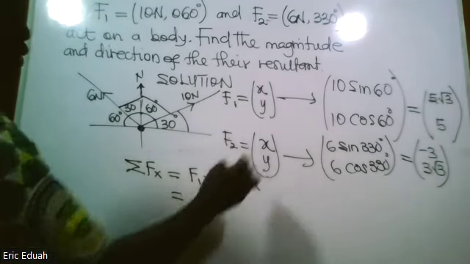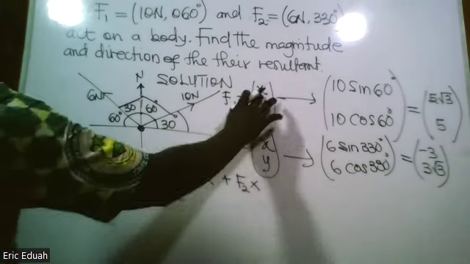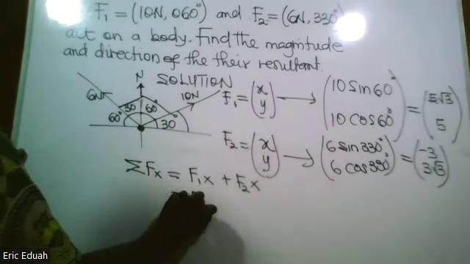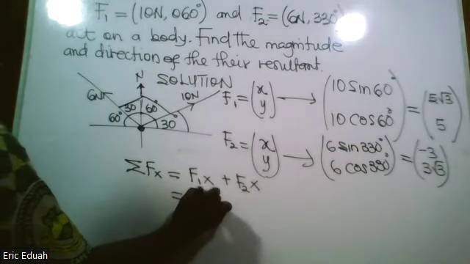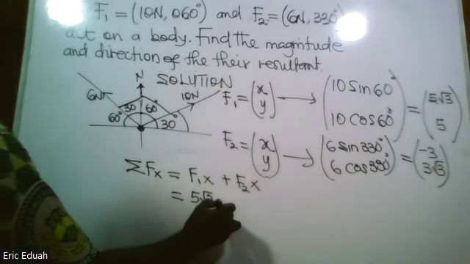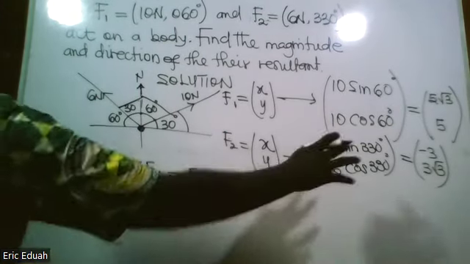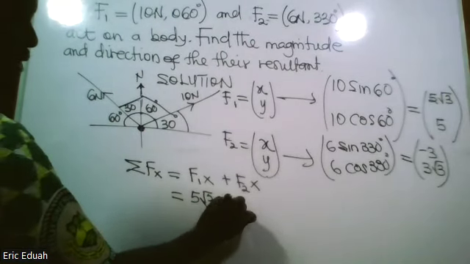So this is equal to F1x, which is 5 root 3, plus -3.